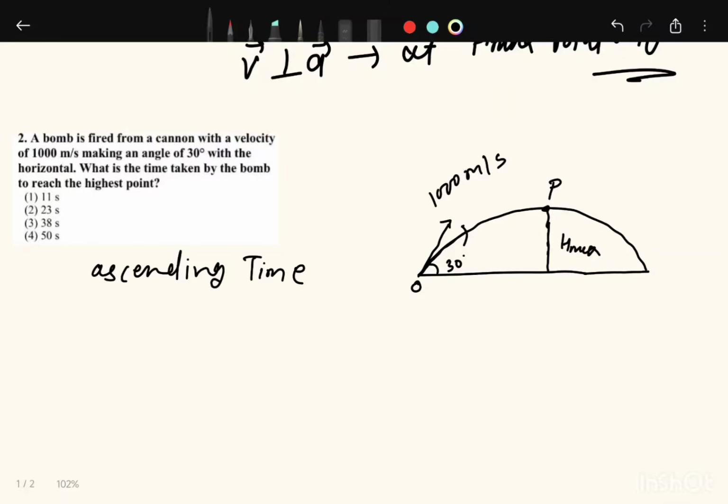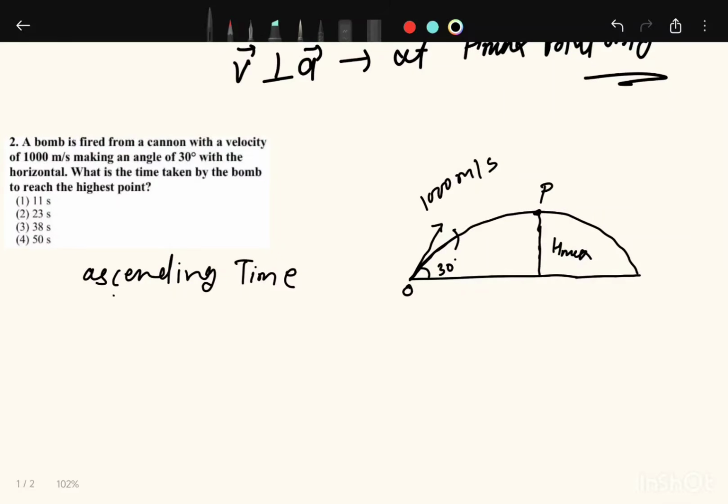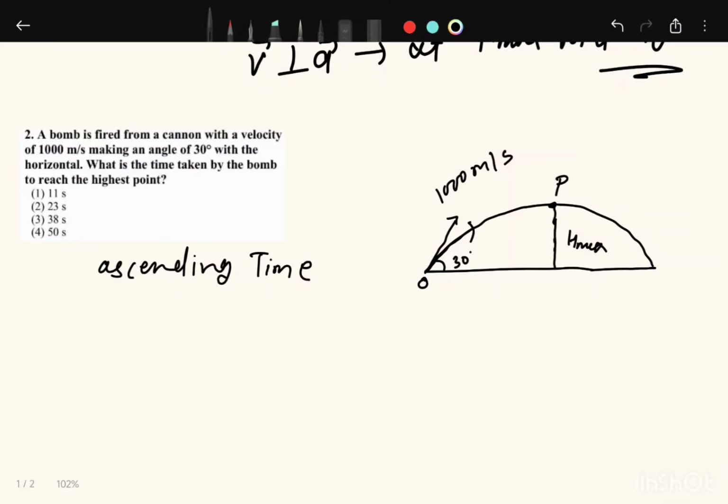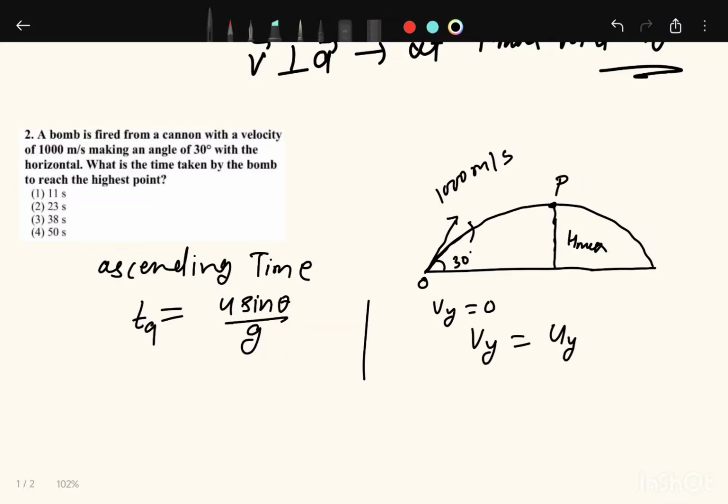The time to reach the maximum point in the y direction, which means H max, will be equal to the ascending time. We know the formula for ascending time, that is u sin theta by g. The other way we can do it is, at the highest point, our velocity in the y direction will be 0. So we can apply the equation of motion, vy equals uy plus ay t.